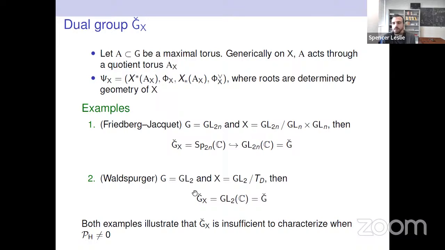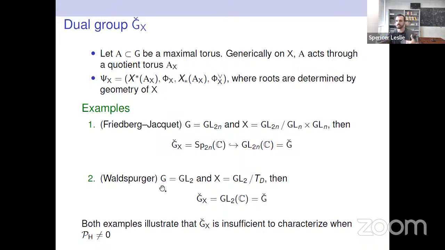So all of that to say that while the geometry of the variety gives rise to this dual group, which we can seek to relate to giving a sort of upper bound to the set of automorphic forms with non-vanishing periods, it's not sufficient to characterize.